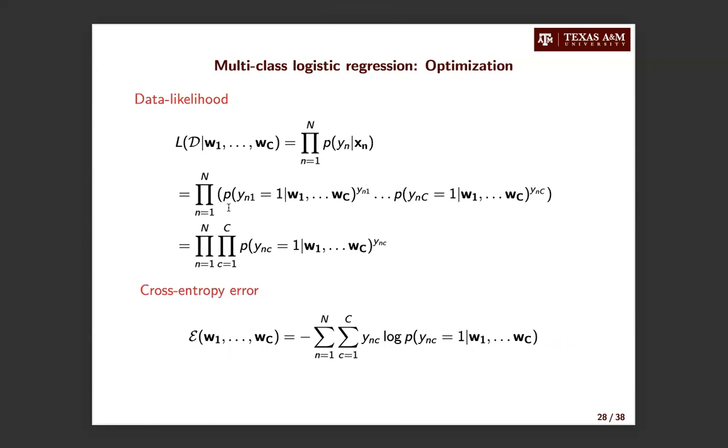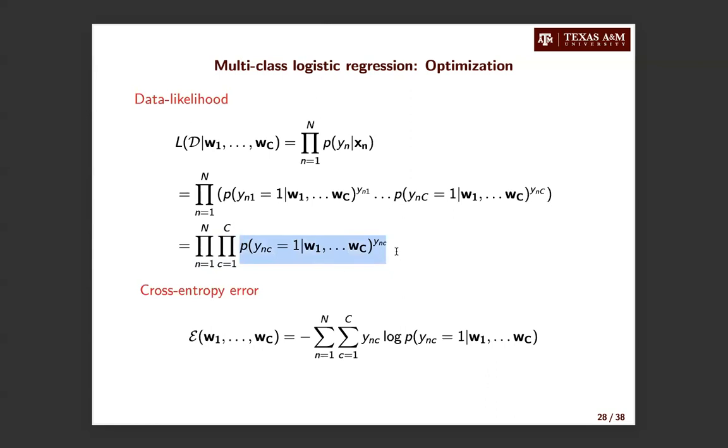So if we are to now compute the likelihood for all our data, it will be the product of the products. The first product goes over all our data. The second product runs over all our classes.